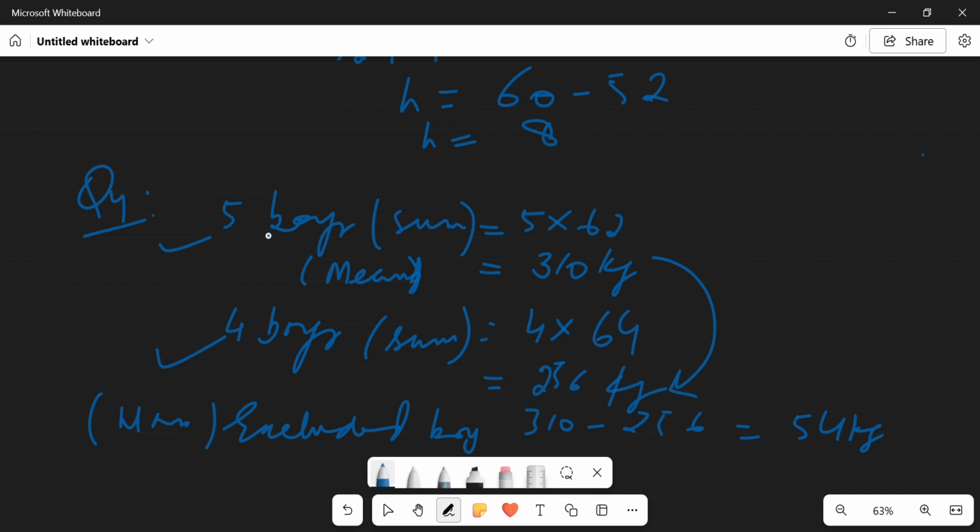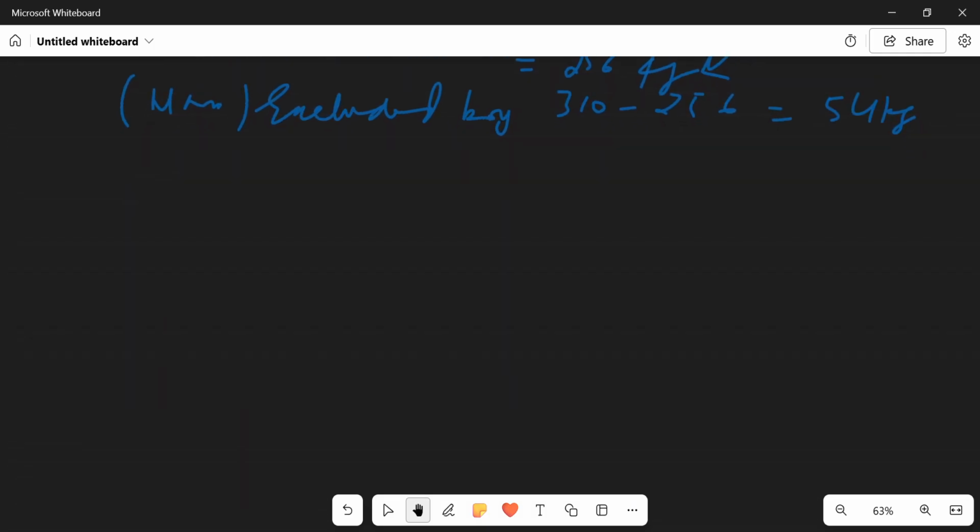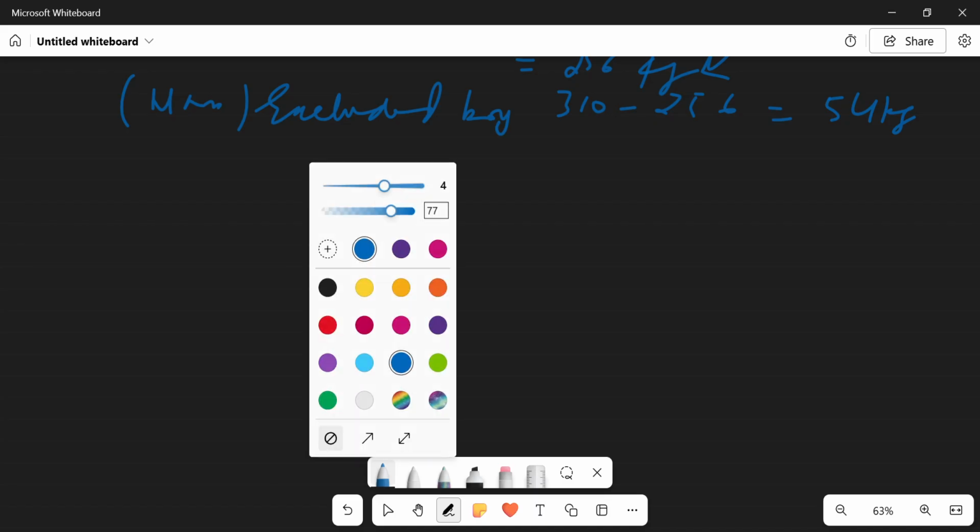First of all, again, we need to find the total number of people living in building X. Question number 5 I already explained. Now question number 6.